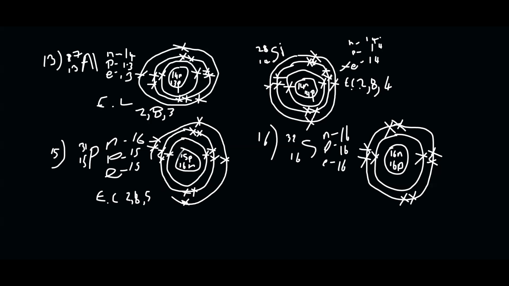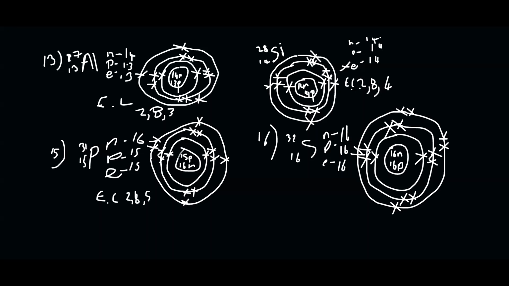On this shell now, we have 6. 1, 2, 3, 4, 5, 6.